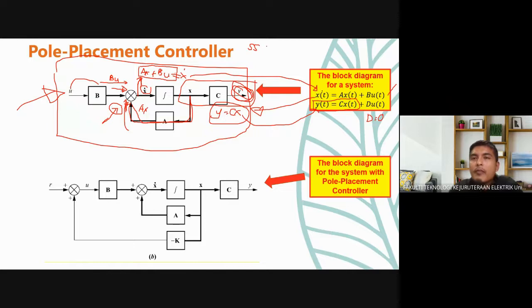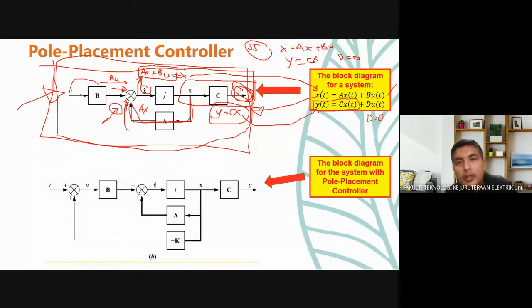If you have a state space, x dot equal to Ax plus BU, Y equal to Cx, where D equal to 0, okay, this is your block diagram for a system.